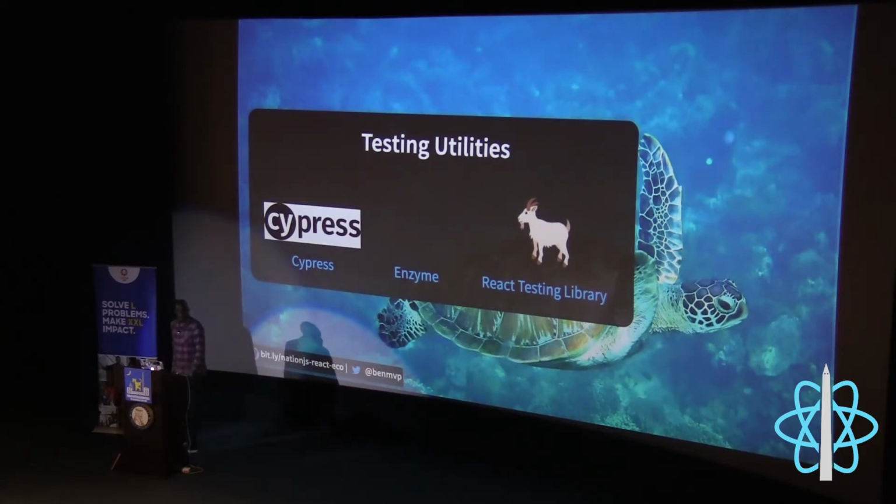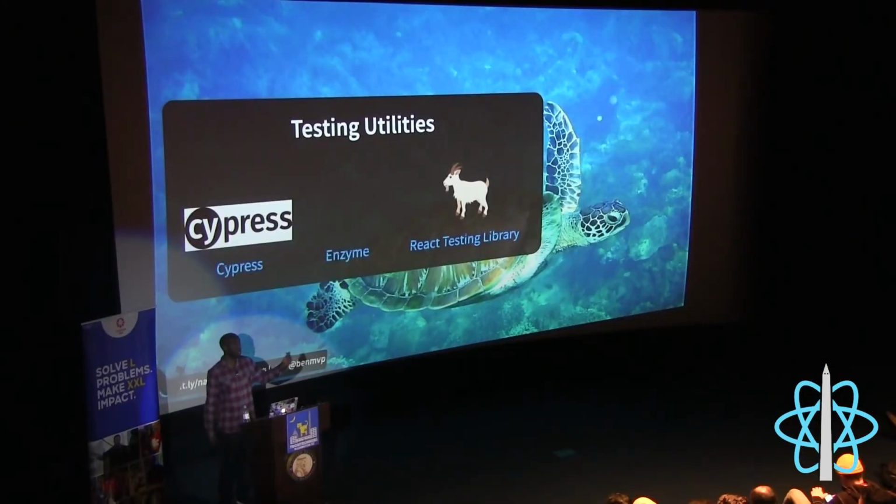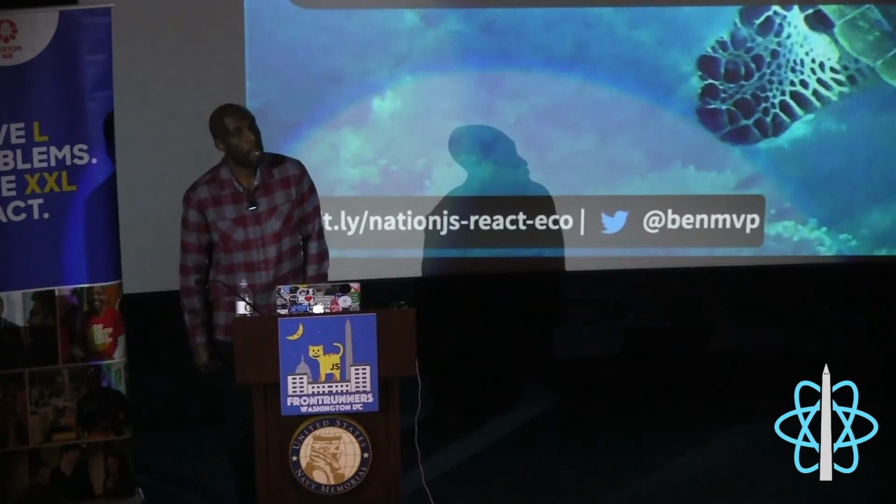So that's pretty cool. And then there's Enzyme, which has existed basically since React came out, developed by Airbnb for unit testing your components without needing a browser, which at the time was mind-blowing, being able to write UI tests without needing a browser and how quickly they ran.